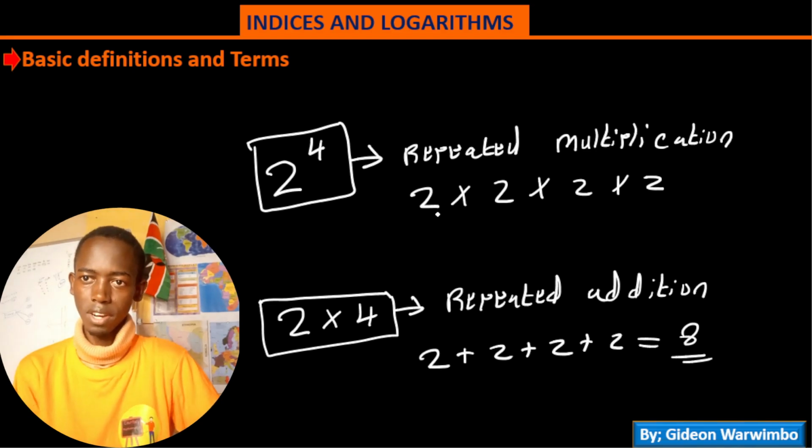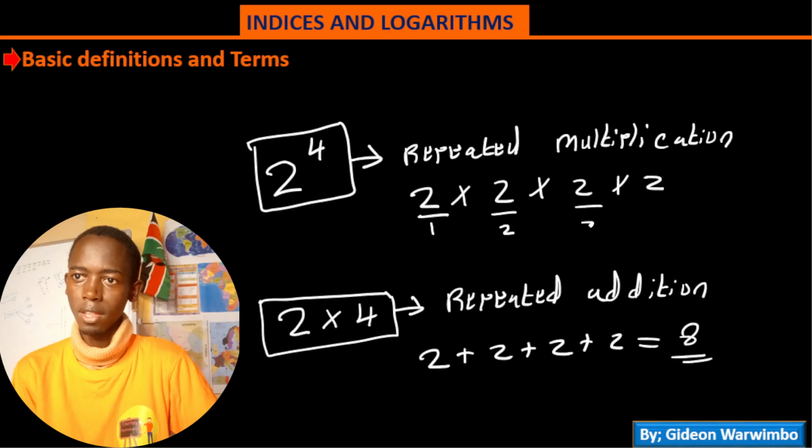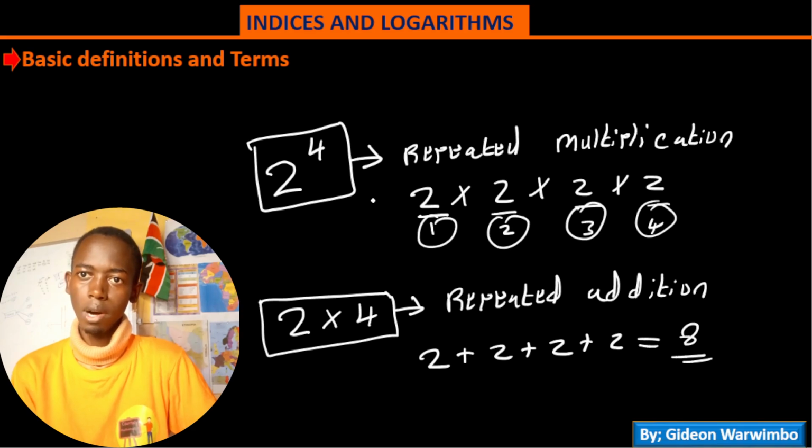Notice that right here we have multiplied 2 by 2 how many times? We have the first time there, the second time there, the third time there, and the fourth time there. And why have we done that? Because the power that is right here is 2 power 4.